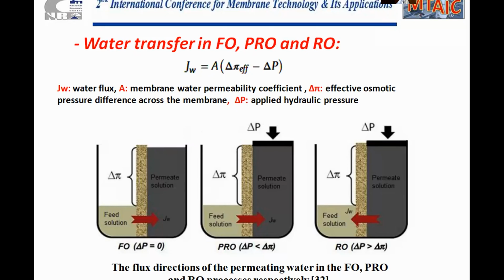The driving force in this type is osmotic pressure, and increasing the applied pressure decreases the water flux. So the applied hydrostatic pressure retards the water flux of the process.